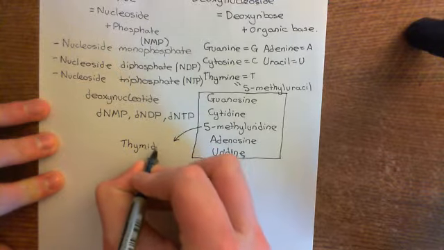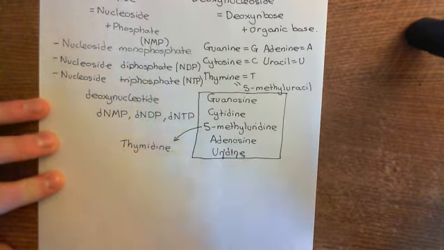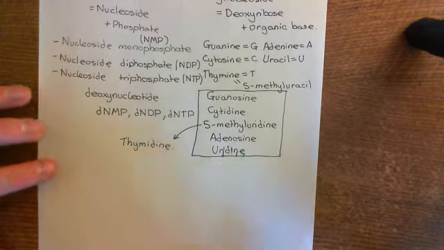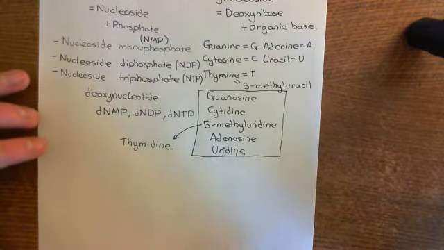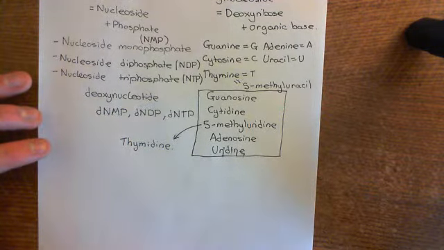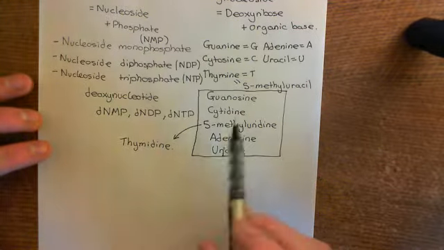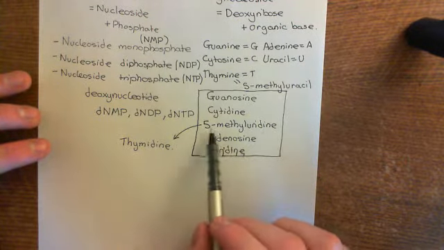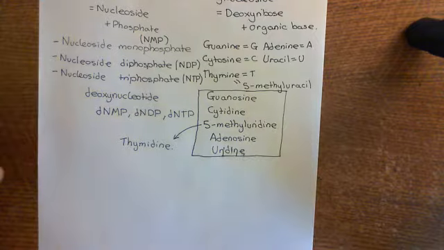So thymidine does not mean thymine plus ribose. It means thymine plus deoxyribose, and that's an important thing to understand. If you mean thymine plus ribose, you must call it 5-methyluridine.